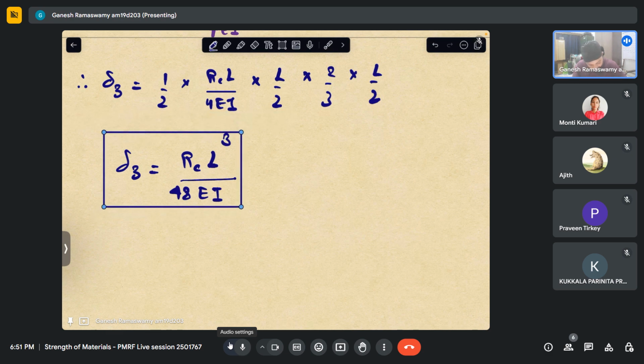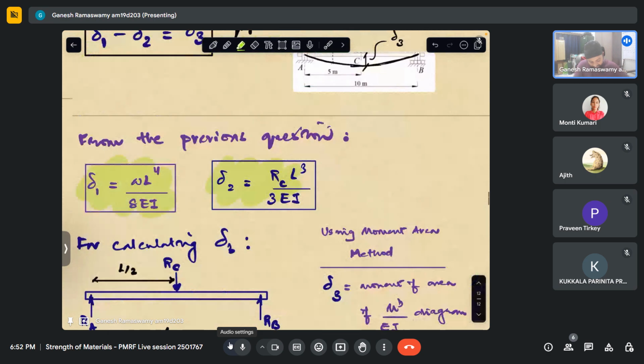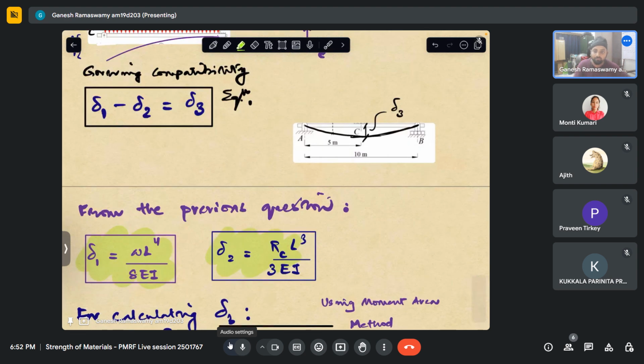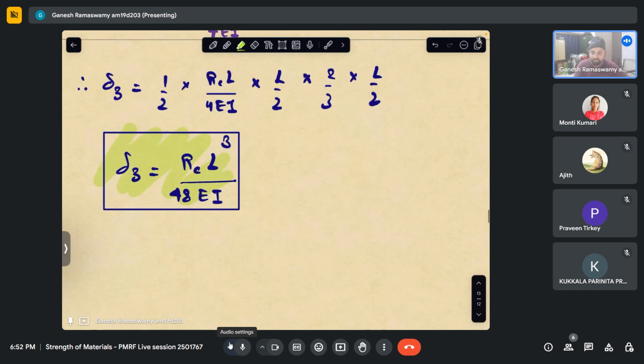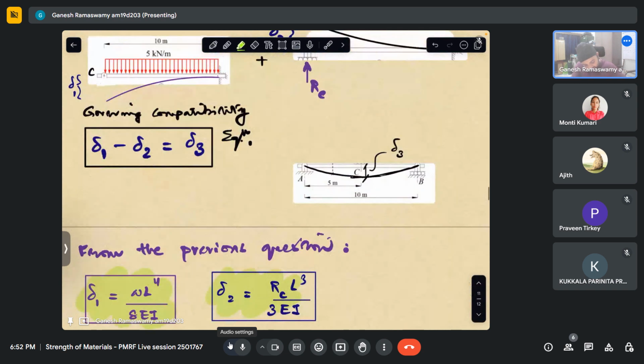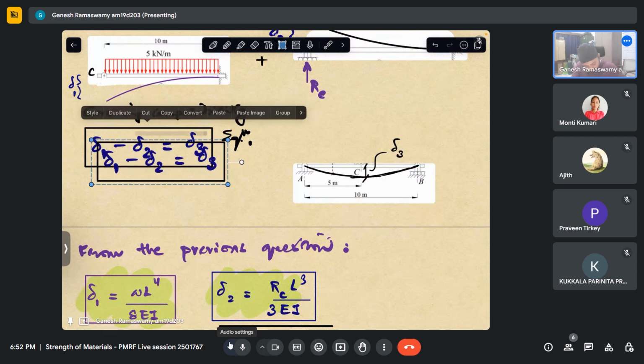We will pick this up, but actually it comes out to be RCL cube by 48 EI. So far so good. So we have our delta 1, delta 2 from our previous discussion itself, and delta 3 is something we have calculated here. So let us go ahead and substitute it into the compatibility equation that governs this problem.